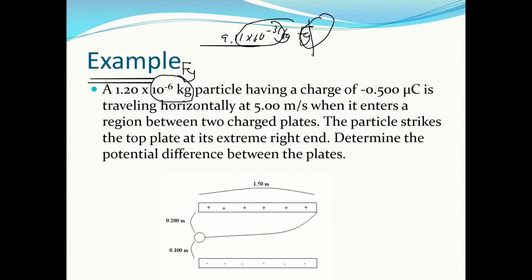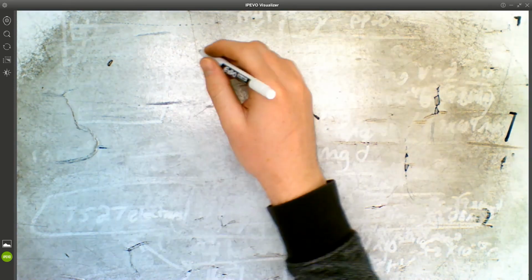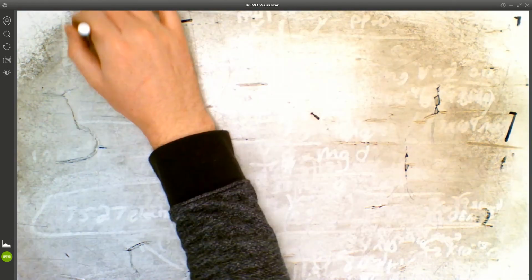And that's how you sort of know the difference between the questions. So this, we include force of gravity in our free body diagram. Okay, so let's do that. Let's draw a free body diagram. Let's figure out what's happening. And it's just a projectile motion with an extra force. Okay. So we have our plates.